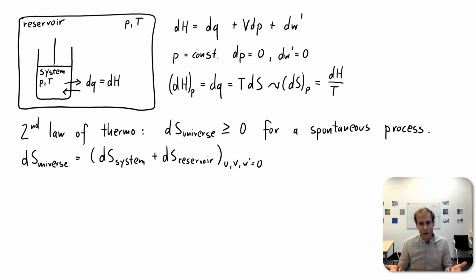And the universe itself, because of the first law of thermodynamics, is not changing its internal energy. Energy is preserved, right? U is constant. And supposedly also the volume of the universe, V, is not changing. It's constant, right? And let's additionally say that there's no non-volume work performed for this second law to be true in this way. So, the second law says that the entropy of the universe always increases, which is the sum of the entropy change of the system plus the entropy change of the reservoir.